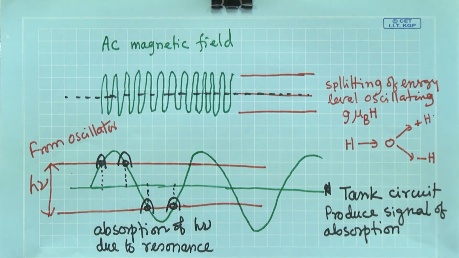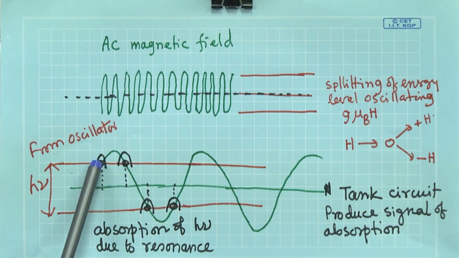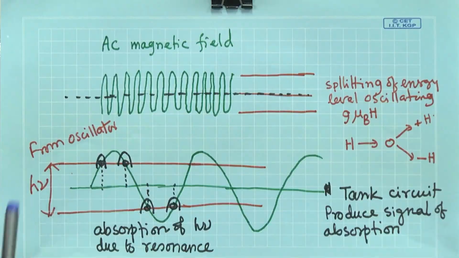Now a phase shifter is there, so by changing the phase shift we can make these 4 peaks into 2 peaks. From these 2 peaks, in the CRO along one axis we have applied the magnetic field and along the other axis we have applied the radiation.